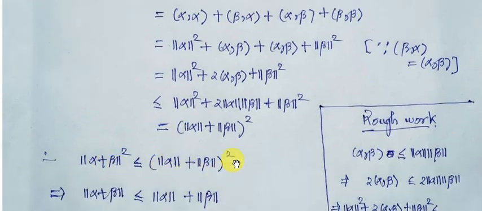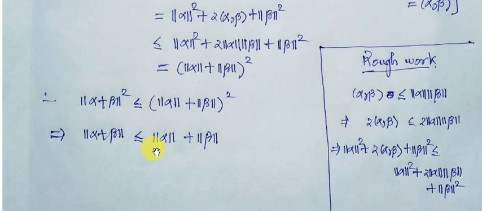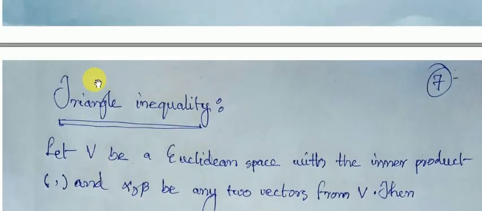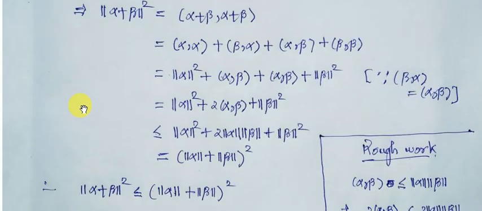Now we have just taken the positive square roots on both sides. So this implies norm alpha plus beta is less than or equal to norm alpha plus norm beta, and this inequality is called the triangle inequality. The proof is very important, so read it carefully.